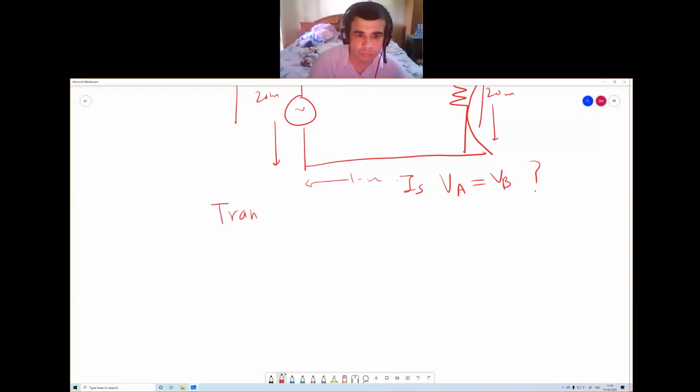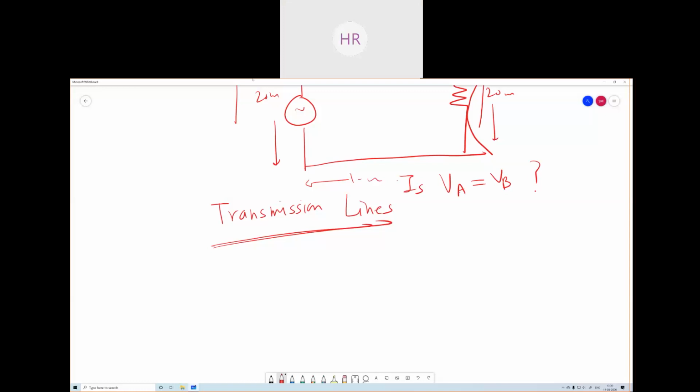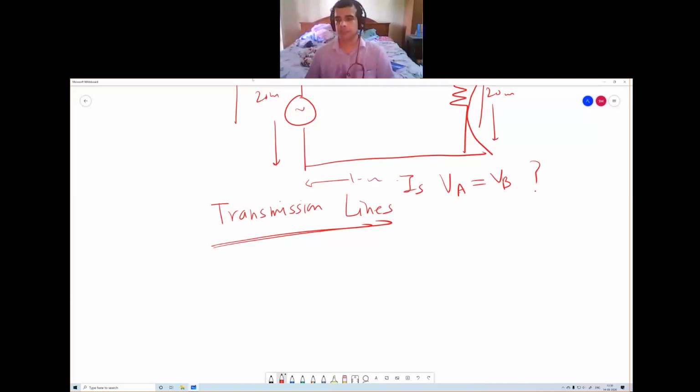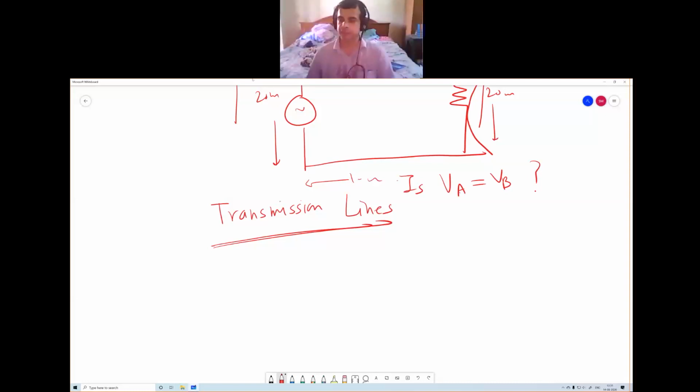Now we come to transmission lines. How many of you have got cable TV from the cable operator, not through the dish, in your house? Have you noticed the wire, the cable through which the cable TV signal comes from that operator to your set-top box?